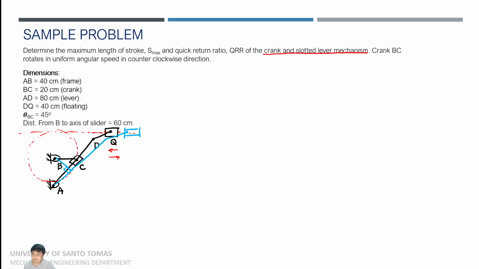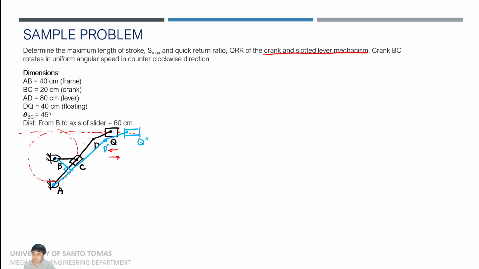Again, remember that for a crank and slotted mechanism, the extreme position is when AD is perpendicular to BC. So you have D double prime here, and then you have Q double prime, with A double prime D perpendicular to BC, and this will be your slider.